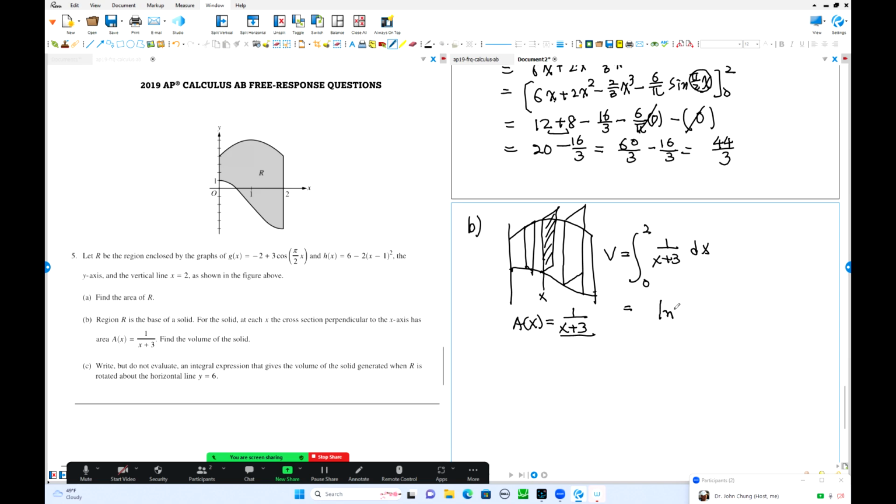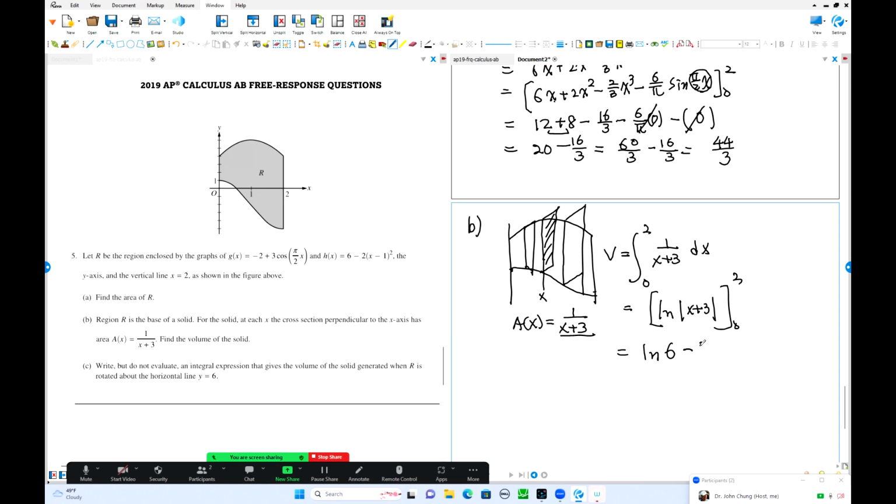Antiderivative of this is ln absolute value of x plus 3, isn't it? Are you okay with this? But inside, the number x is changeable from 0 to 2. They are positive, actually. We don't need the absolute value, okay? But it doesn't matter. When you take the integral, ln absolute value of 2 plus 3 is 5. 5 is positive, we don't need the absolute value.